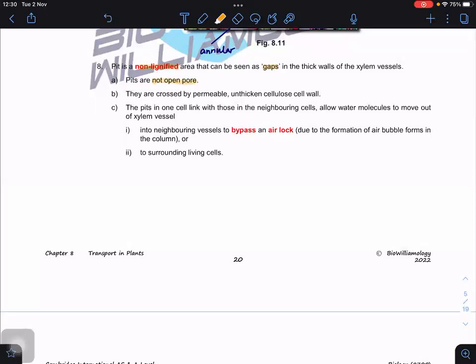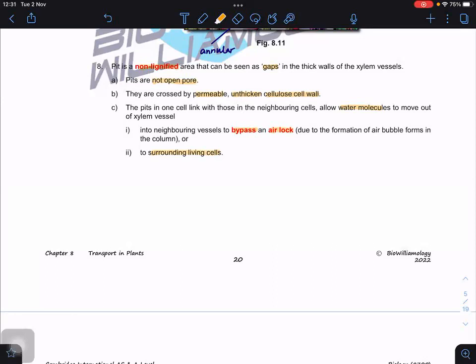Always remember, pit is not an open pore. Okay, so they are crossed by permeable unthickened cellulose cell wall, fully permeable. So the pit in one cell linked with another neighboring cell allows water molecules to move out laterally, either to bypass the airlock or to the surrounding living cells.